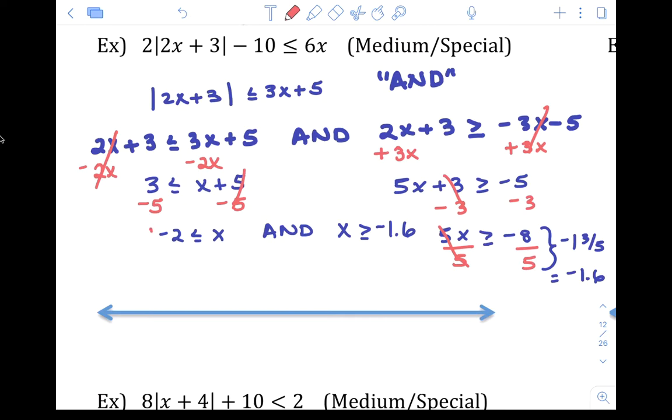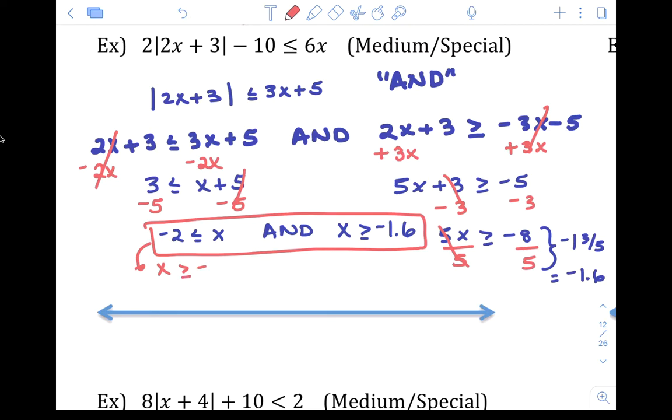So we end up with negative 2 is less than or equal to x, and x is greater than or equal to negative 1.6. Now that first argument, negative 2 is less than or equal to x, the truth is that if you flip it around so you read it from x's perspective, which is preferable, x on the left typically is how we like things, then if negative 2 is less than or equal to x, that means all of the x's are really greater than or equal to negative 2.